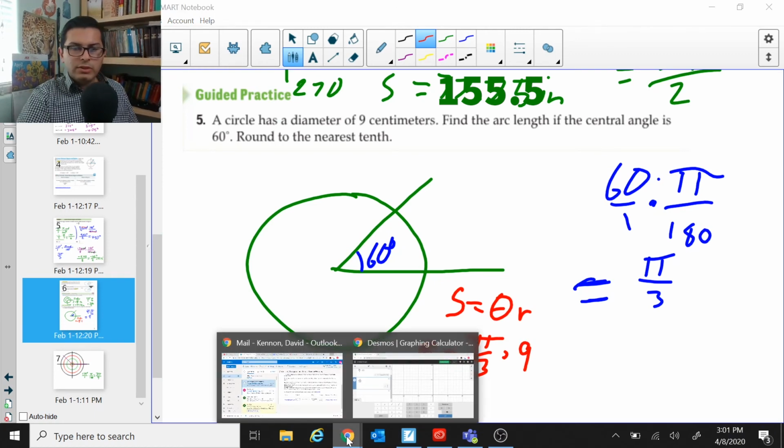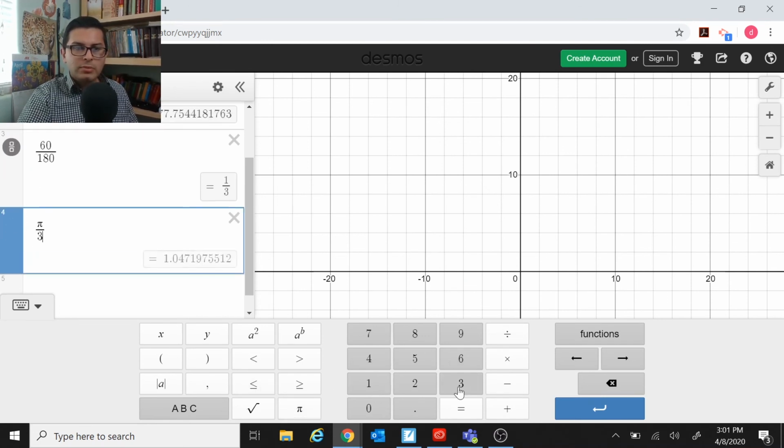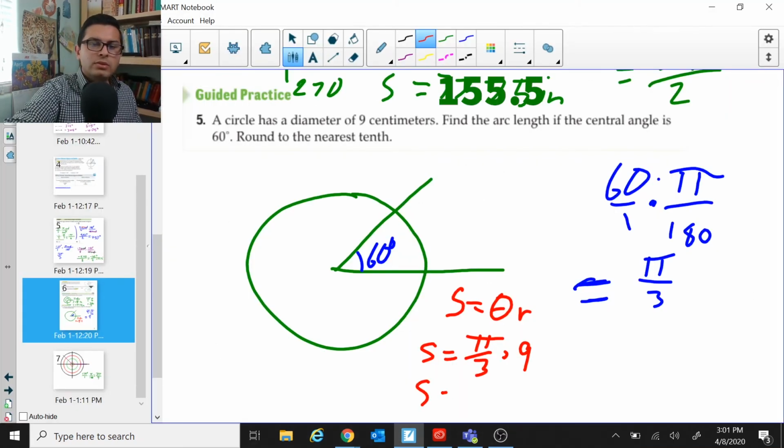So let's go into our Desmos and we're going to find out what is pi over 3 times 9. It is going to be 9.42. Now, remember, it said round to the nearest tenth, so we're going to round to 9.4. So our arc length is going to equal 9.4 centimeters.